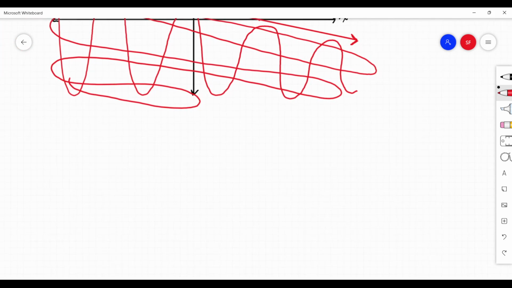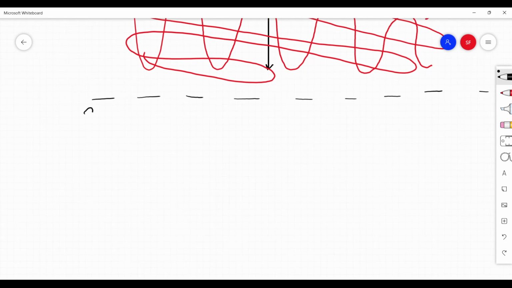Another example? Yep. This time we're going to be given a graph.